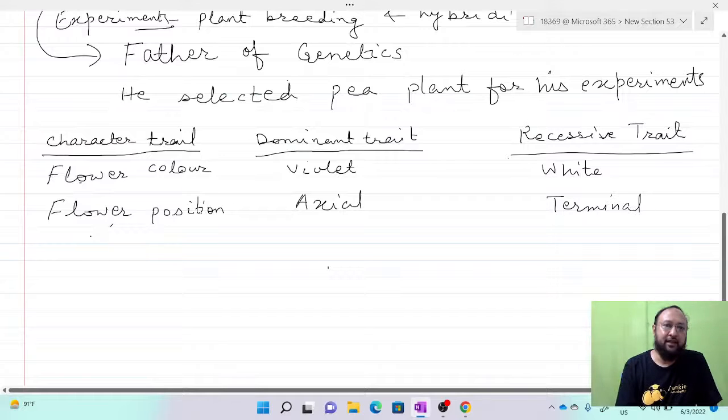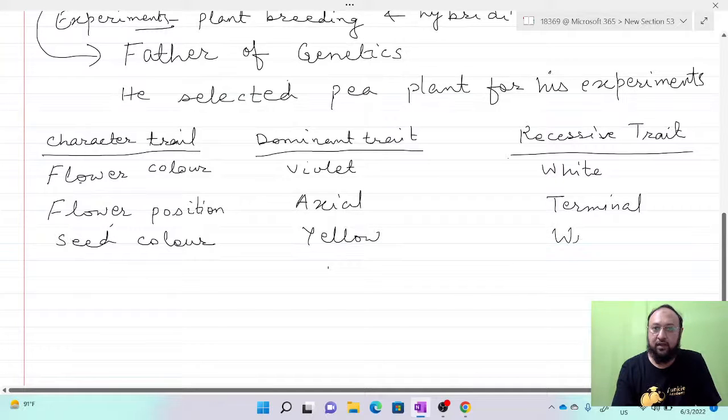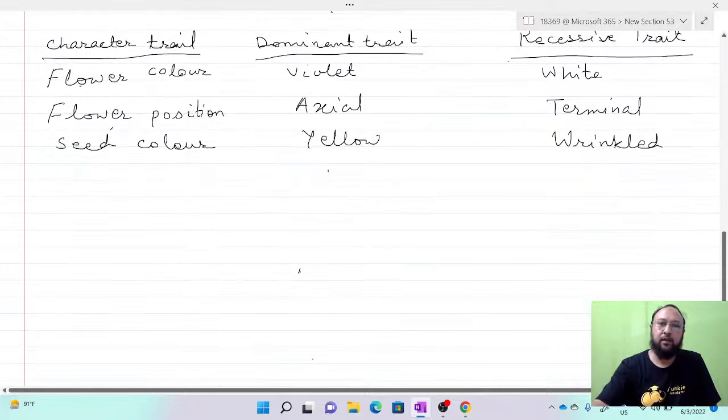Then he found seed color: yellow is dominant, and the recessive is green.